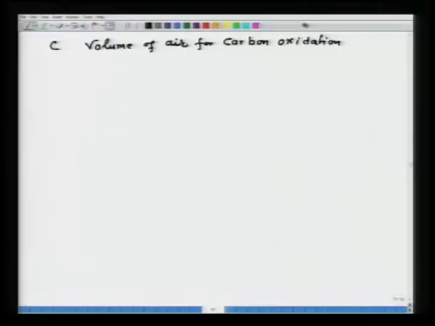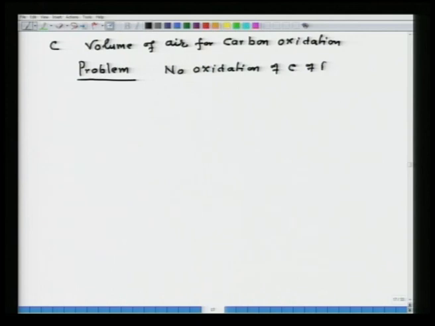Now the problem says no oxidation of carbon of pig iron, so it becomes a little simple. The problem also says the exit gas CO to CO2 ratio is 1:1.